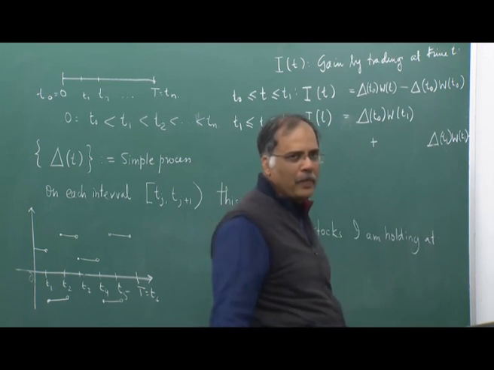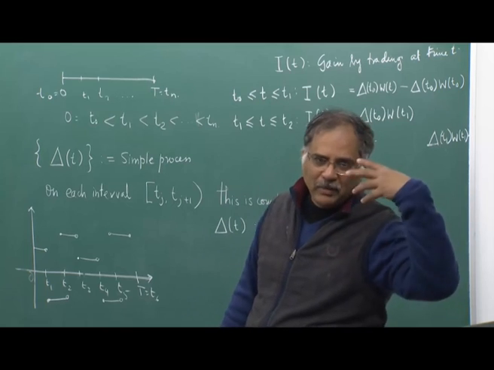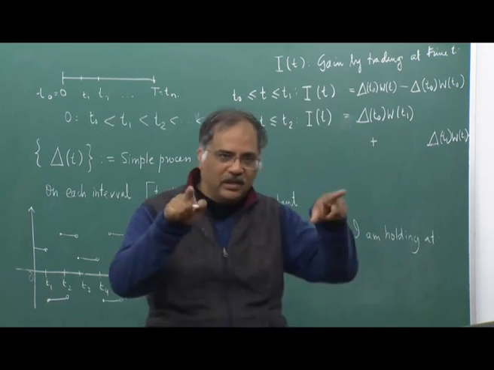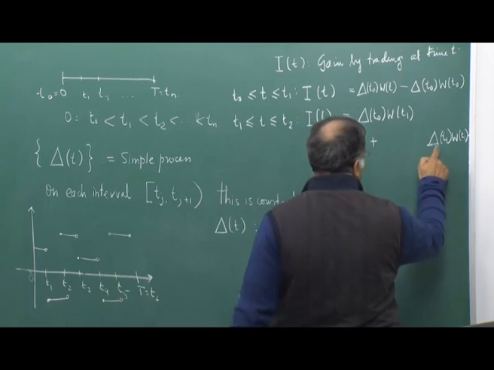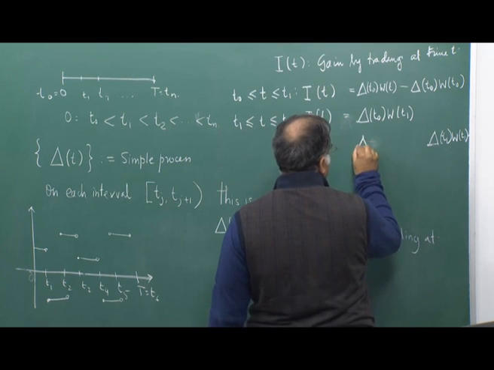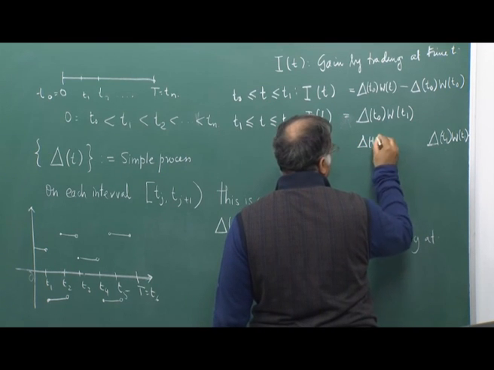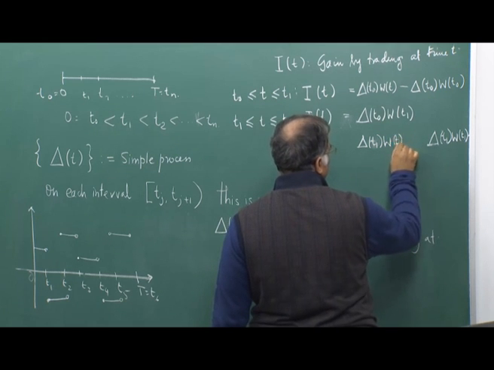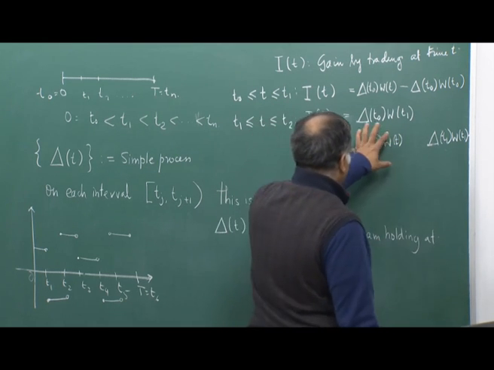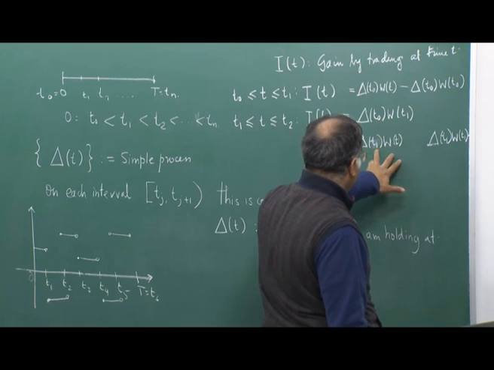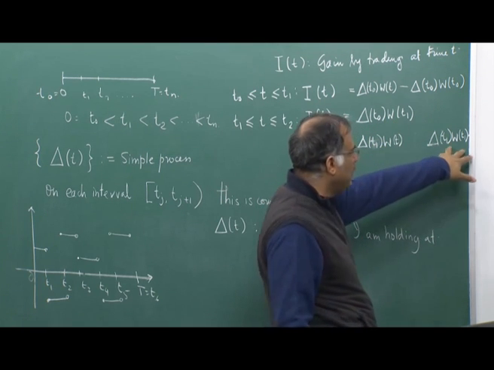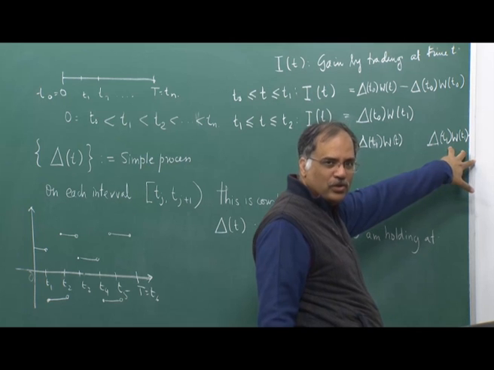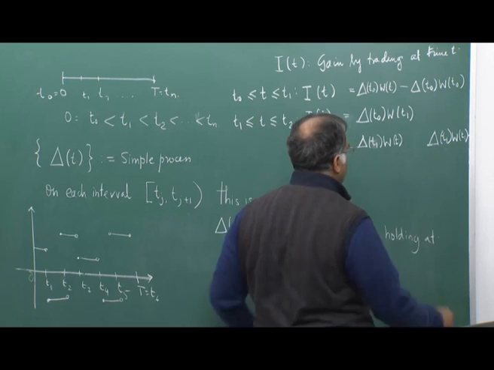Then at time capital T, which is lying between t1 and t2, I sell this holding, delta t1, at Wt. So, by selling I gain this amount, and this is the amount I have spent to buy the delta t1 stocks.